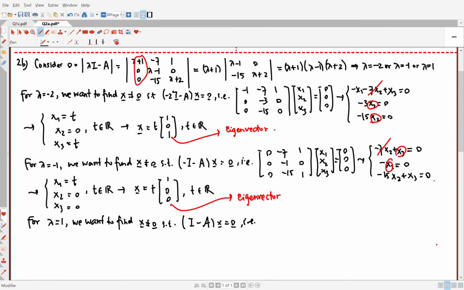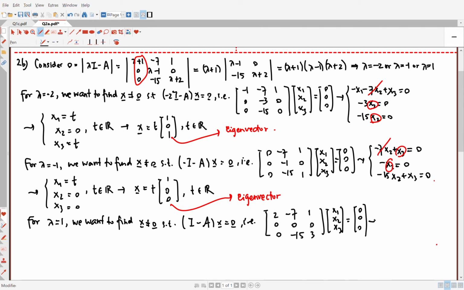In other words, we'll have 2, minus 7, 1, 0, 0, 0, 0, minus 15, 3, times x1, x2, x3 equal to 0, 0, 0.